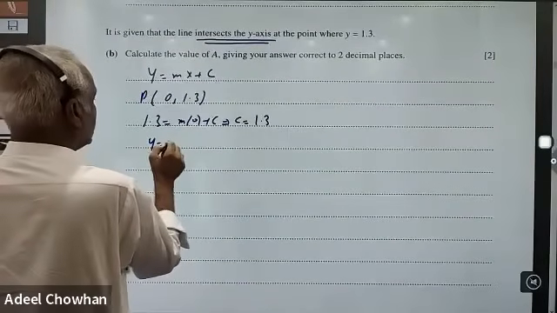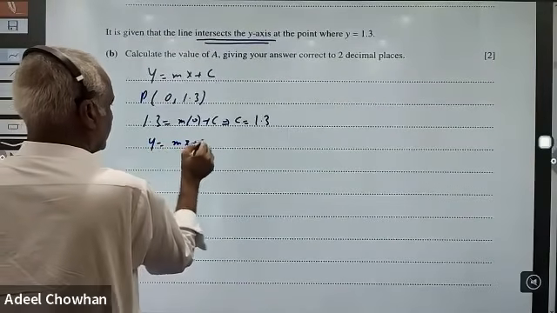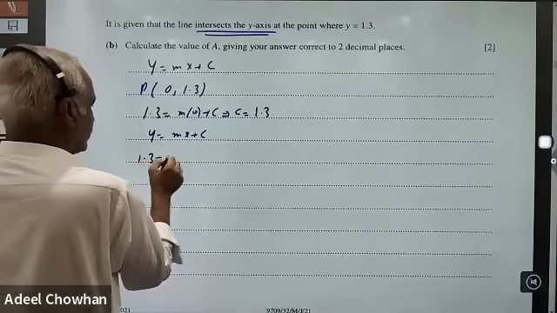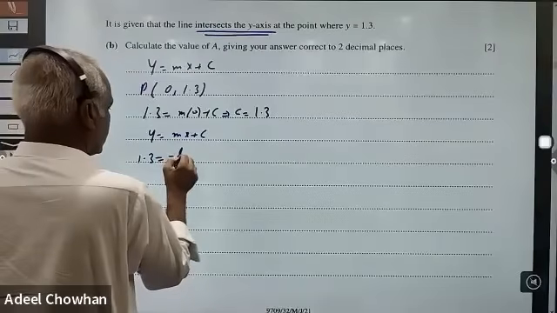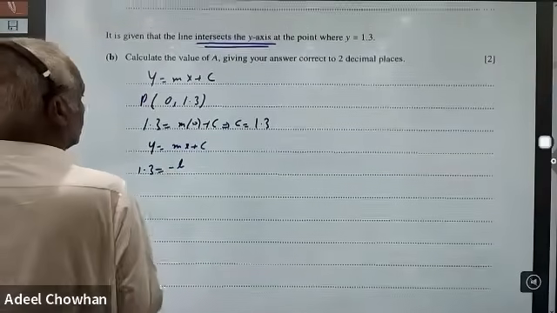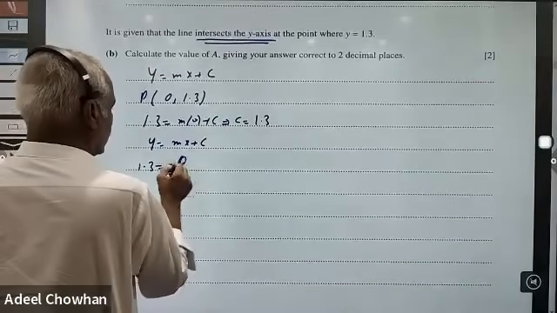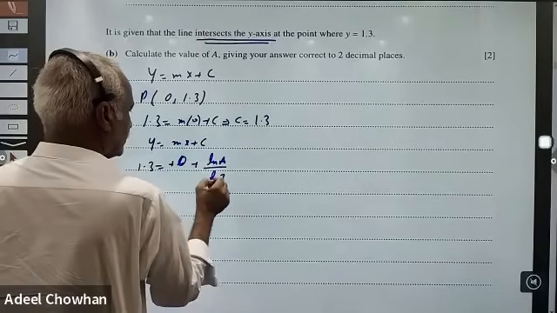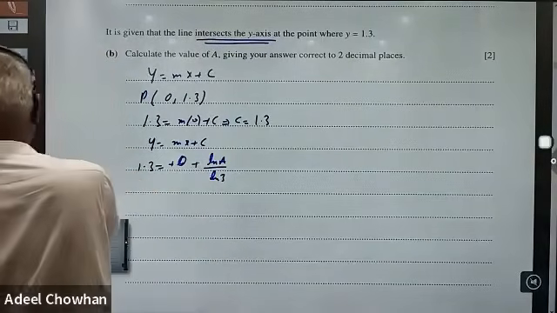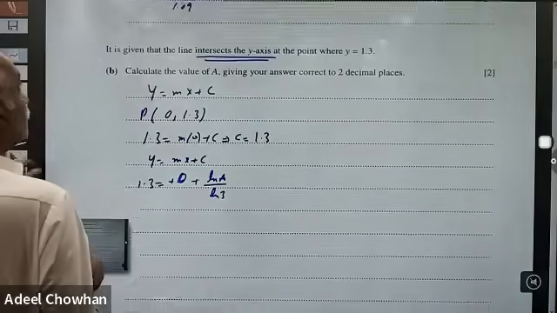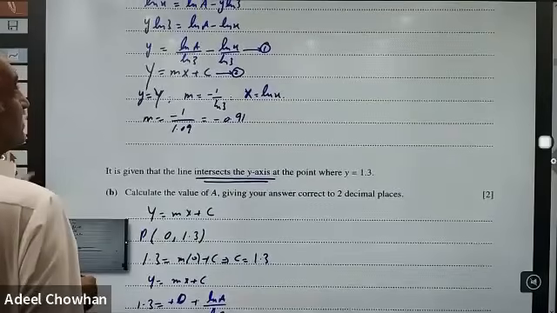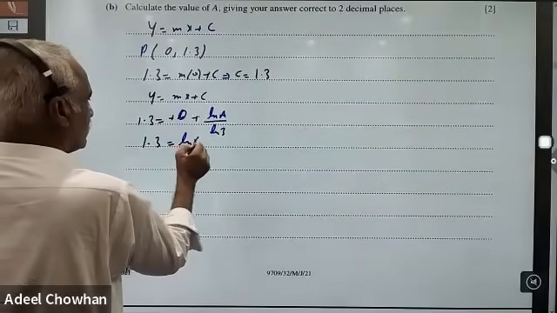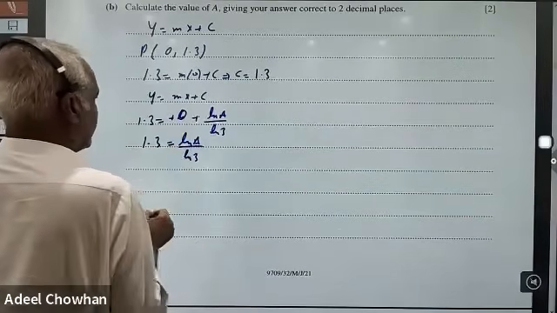So y is equal to mx plus c. The y value is 1.3, x is 0, so 1.3 is equal to log of a over log of 3.